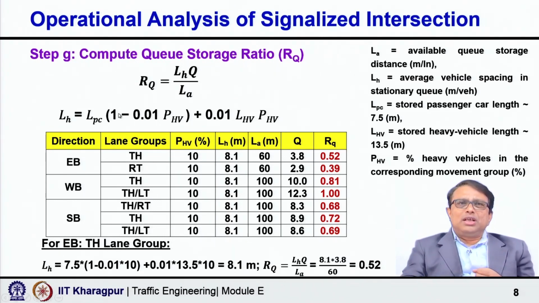One more calculation is given here, how to calculate this LH. LH is the average vehicle spacing in stationary queue. It depends primarily on car and heavy vehicle, the two vehicle types considered in the Highway Capacity Manual 2016. So, what is the proportion of heavy vehicle? 1 minus 0.01 into PH, the percentage of heavy vehicle.